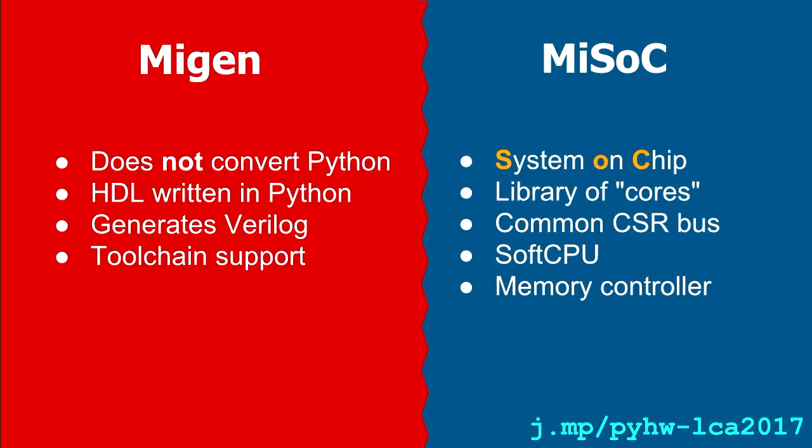A couple of names that I need to describe is that MiGen and MiSoC are two things that go together. MiGen is the Python description thing, and MiSoC is the bunch of libraries that use MiGen to create their functionality.